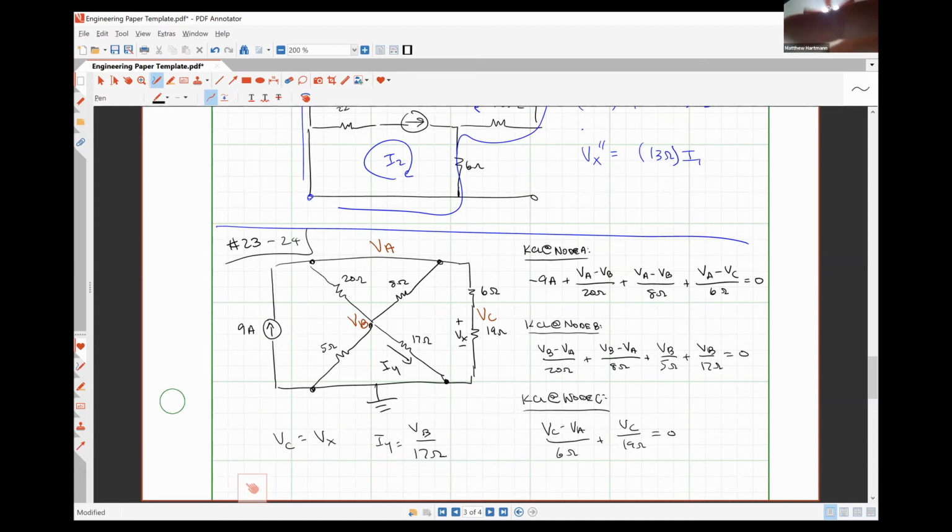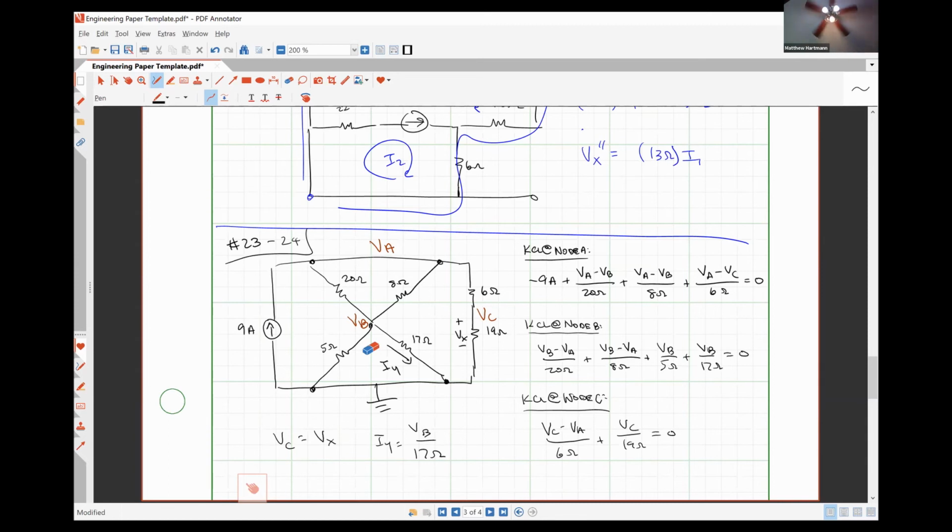So VA is a shorthand notation effectively for the voltage drop over this 9 amp source. VB is a shorthand notation for the voltage drop over our 5 ohm resistor or our 17 ohm resistor, because those two are in parallel.